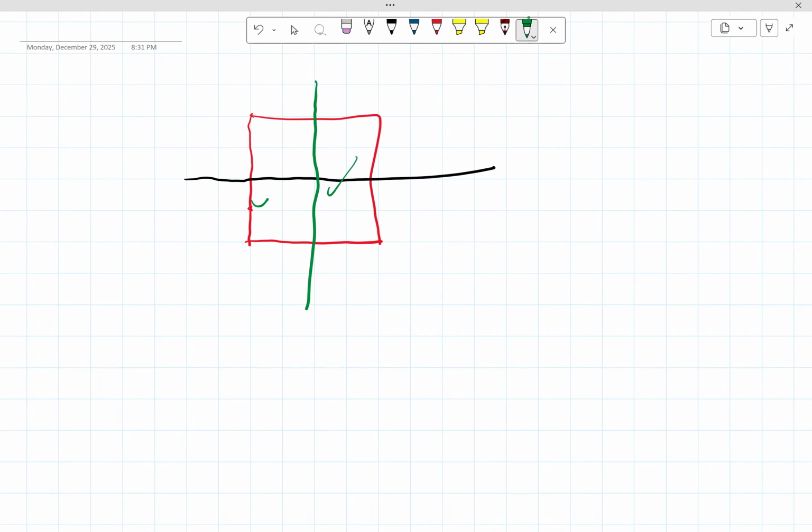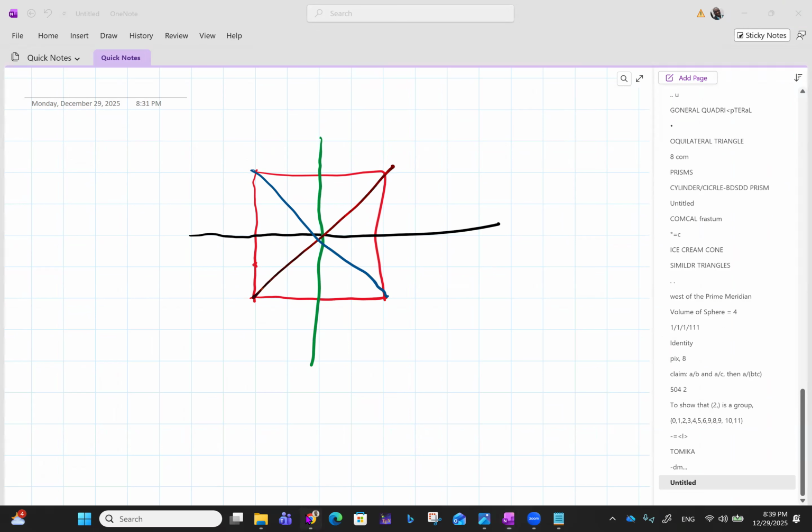This part is the same thing as this part. What if I come here and draw this diagonal line? This part is the same as this part, right? I could also draw another diagonal line like this, such that this part and this part are the same. So these are lines of symmetry; they divide the square into two equal parts.